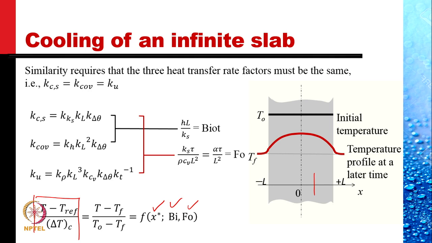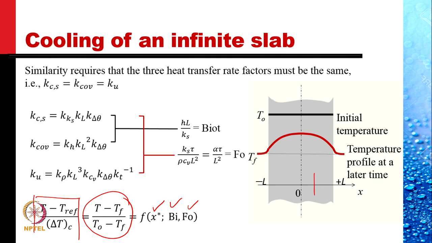This is still quite complicated, and as was discussed earlier when we did this problem, it has been solved by writing this non-dimensional temperature difference dependent variable as a product of two factors.